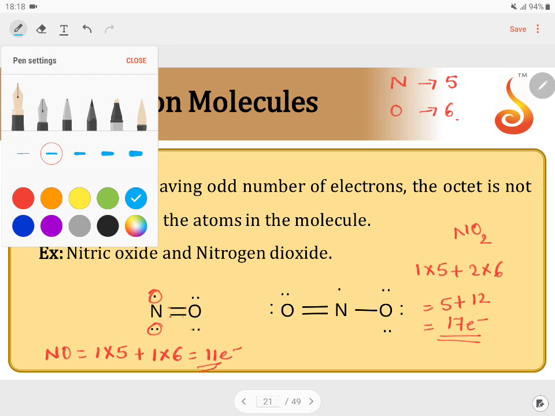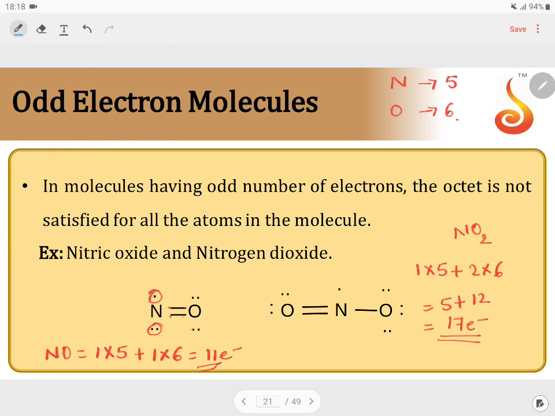Just consider nitric oxide. The oxygen atom has 2, 4, 6, 8, so it satisfies the octet. But nitrogen has 1, 2, 3, 4, 5, 6, 7. It has 7 electrons, so there is no octet there.